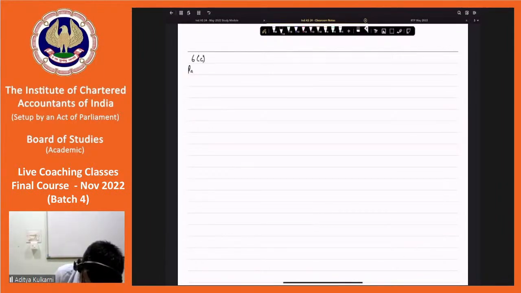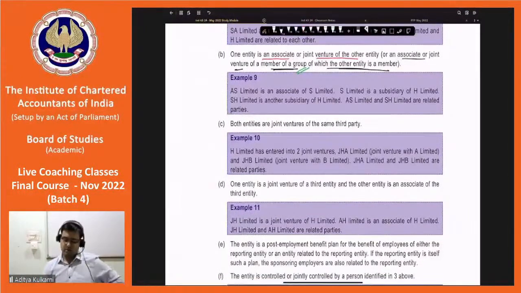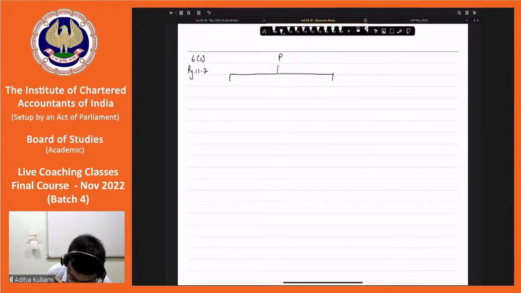6C, page 11.7. Both entities are joint ventures of the same third party. So I have parent, J1, J2.